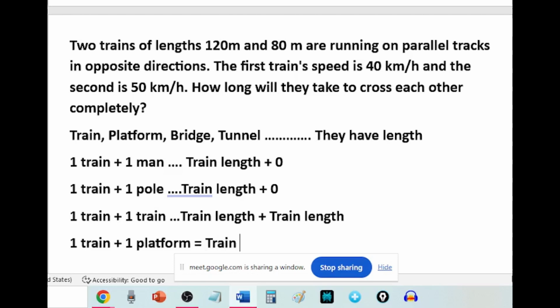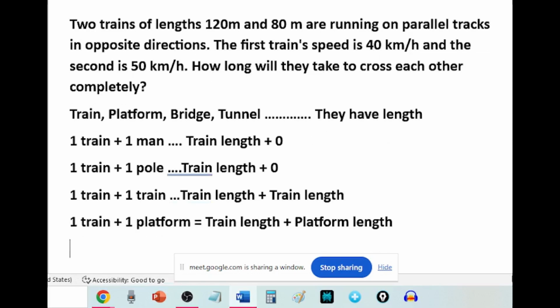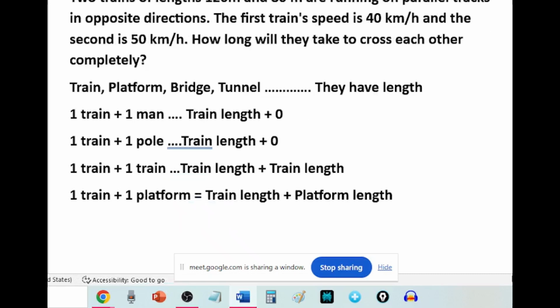Platform length is not 0. Similarly, if you have one train plus one tunnel or bridge, that is not 0. So you will have train length plus tunnel or bridge length.